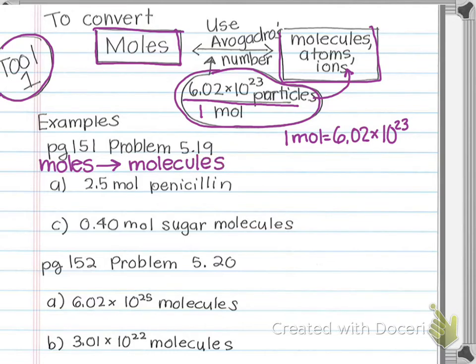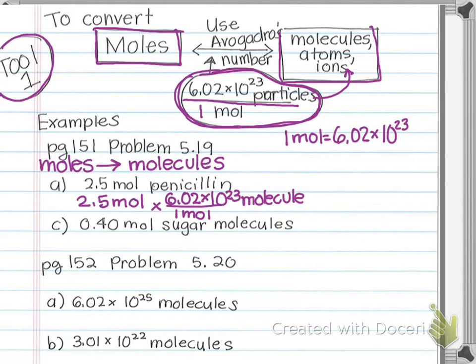So, like a conversion problem, I would take what I was given, 2.5 moles, and if I'm using Avogadro's number up here, I would want the moles to be on the bottom so that they cancel, and the 6.02 times 10 to the 23rd to be on the numerator. And we're doing molecules, so instead of particles, I'll write in molecules.